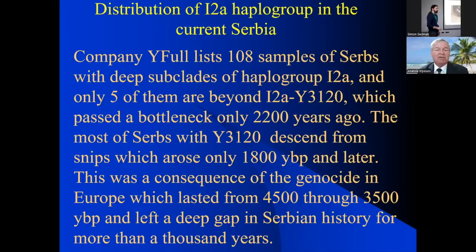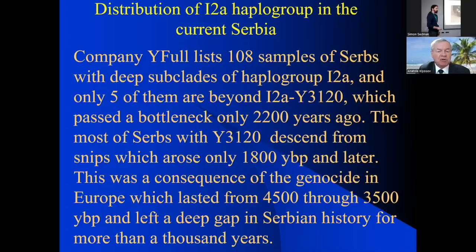And they list 108 samples of Serbs with deep subclades, so that means many levels of haplogroup I2A. And only five of them, imagine, only five from 108, belong to Y3120, which passed the bottleneck only 2,200 years ago.